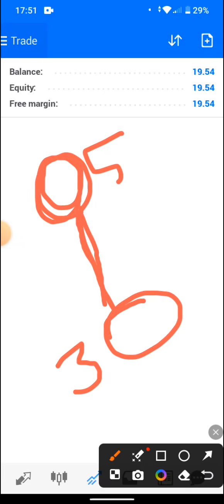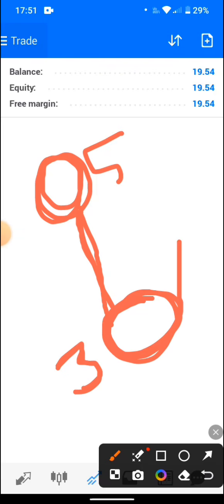If the price keeps dropping and reaches $3, your trade is going to be triggered, which means you are going to enter the trade. As soon as the price reaches here, you believe the market is going to go up. So when it goes up, you are going to make money. But if it goes down, you are going to lose money. This is what we mean by buy limit order.